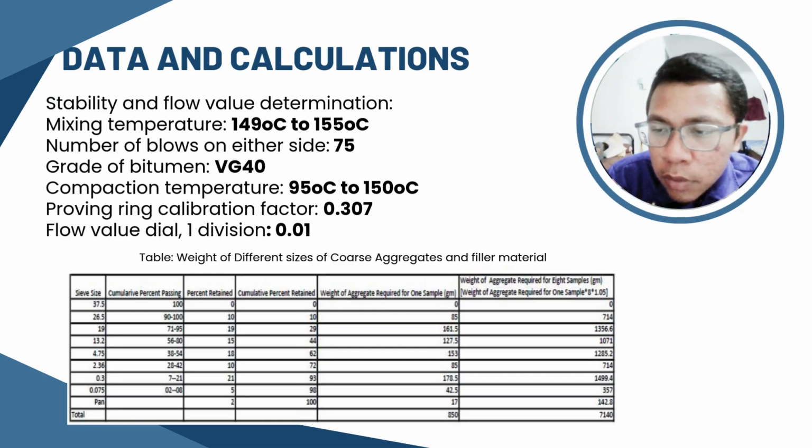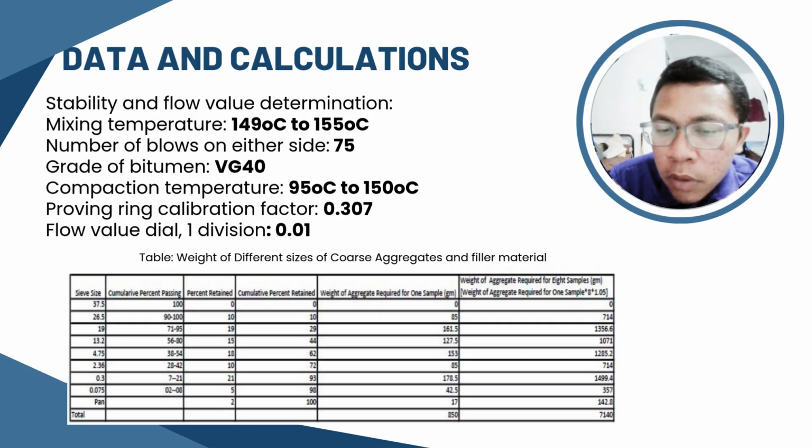used in bricks. This table presents the size, cumulative percent passing, percent retained, cumulative percent retained, and calculated weight of aggregate required for both a single sample and 8 samples, totaling 7,140 grams for the latter.